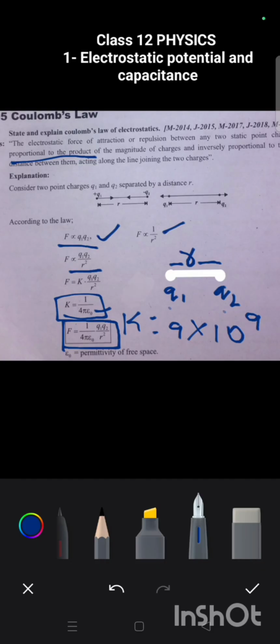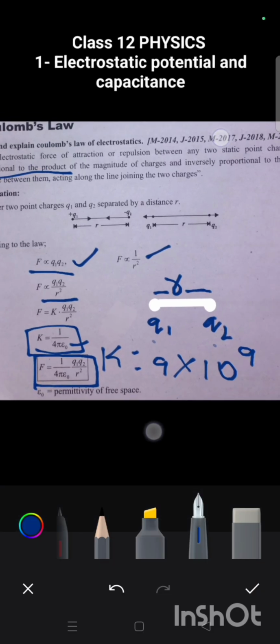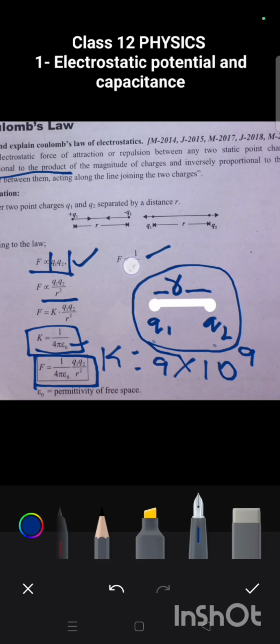Again, let me tell you Coulomb's law in the simplest form. That is, the electrostatic force of attraction between two point charges is directly proportional to the product of the magnitude of the charges, you can take it as magnitude also, and inversely proportional to the square of the distance between them, as this magnitude cannot be a negative value.